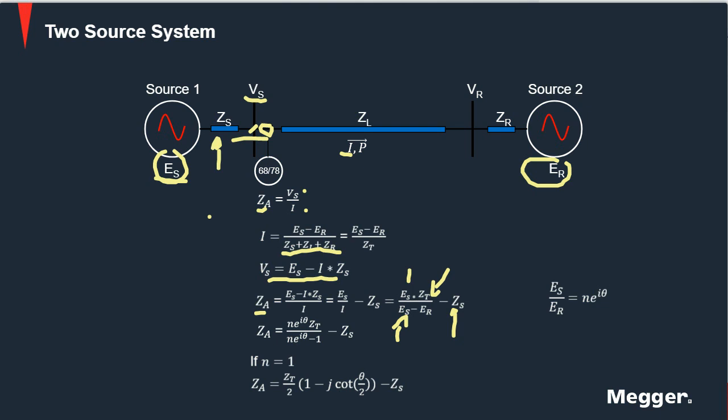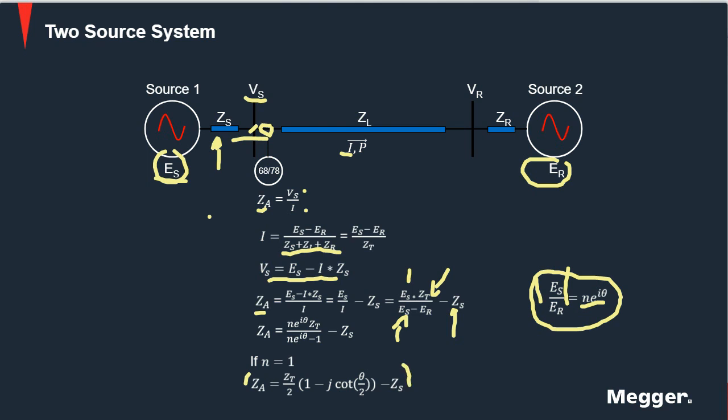Doing some mathematical rearrangement, and considering the ratio of the sending voltage divided by the receiving voltage, considering that it's equal to this complex number, then I can say that when the ratio equals 1, I can get to this equation here. And why do I want to get to this equation here?